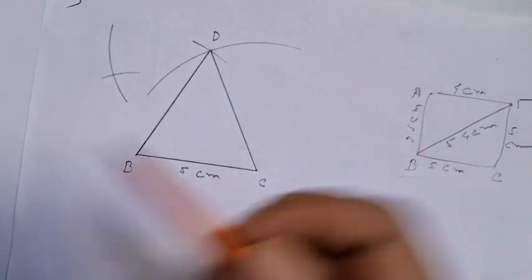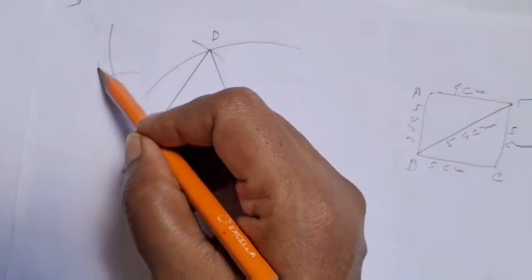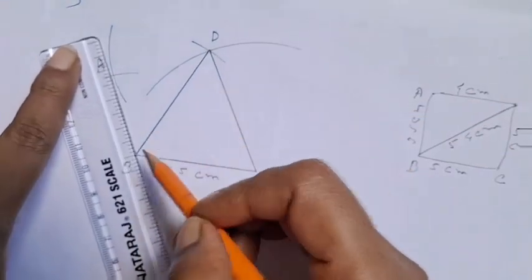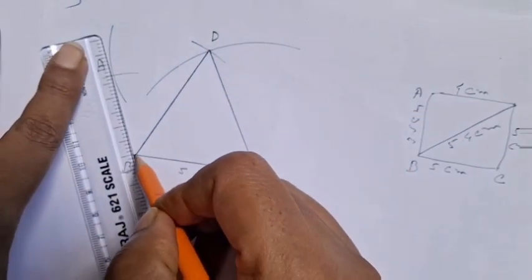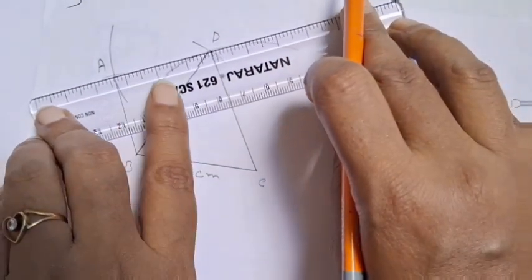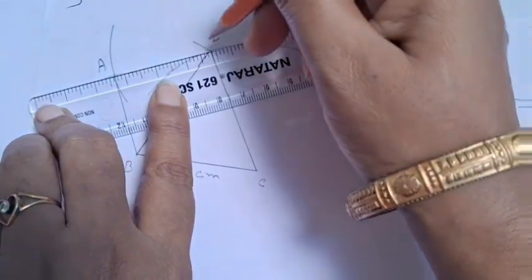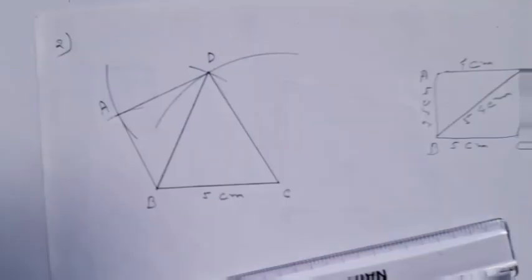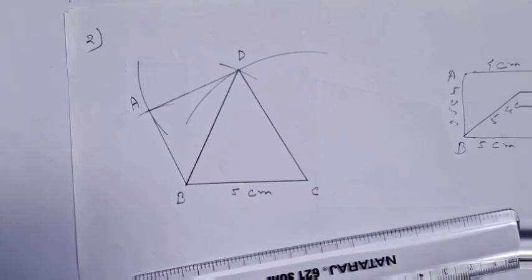This point is A. Now I join AB and AD. ABCD is our required quadrilateral.